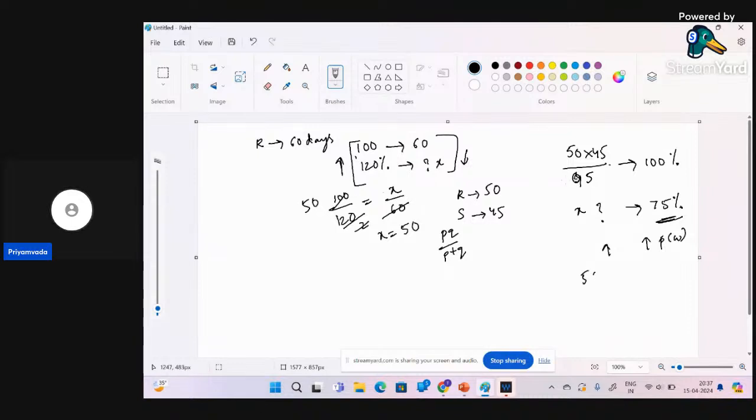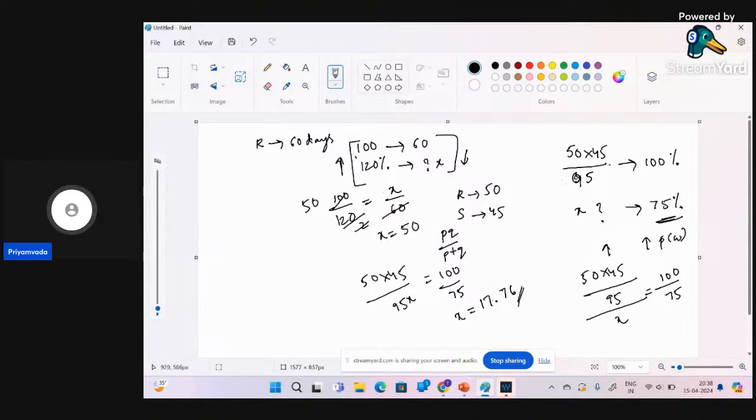So 50 into 45 by 95 by x equals 100 by 75, right? Then we can write it as 50 into 45 by 95x equals 100 by 75. And if you solve this, you'll get the value of x equals 17.76.